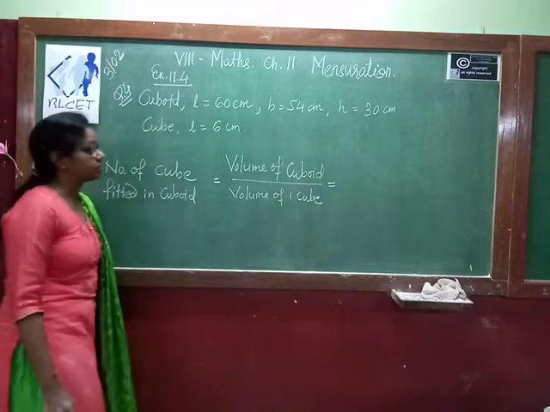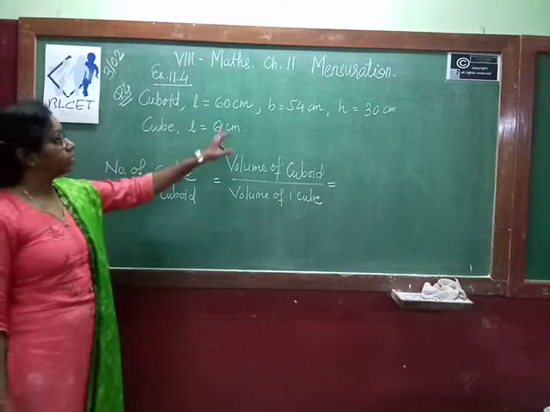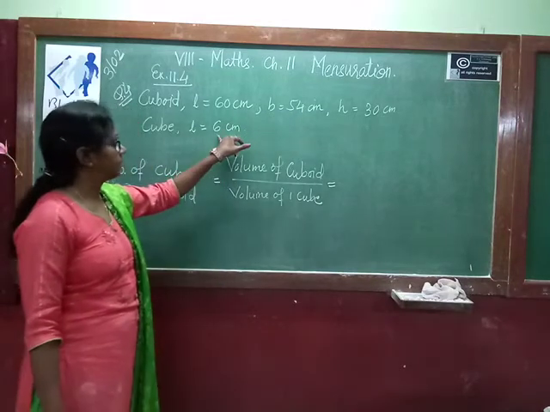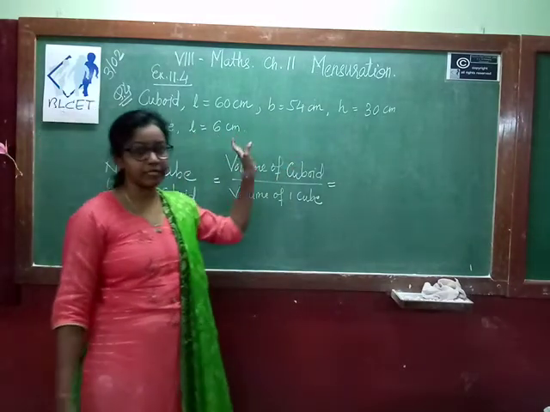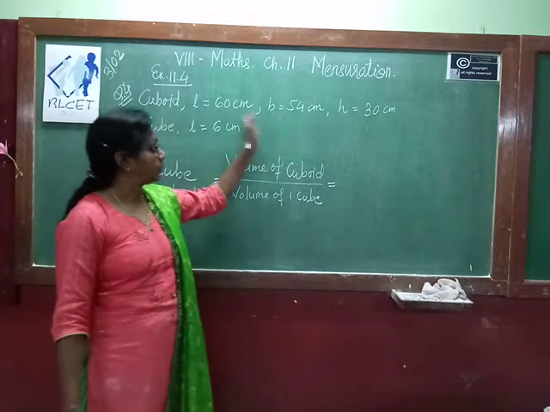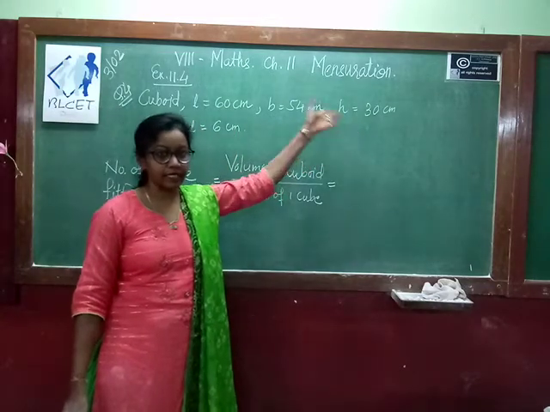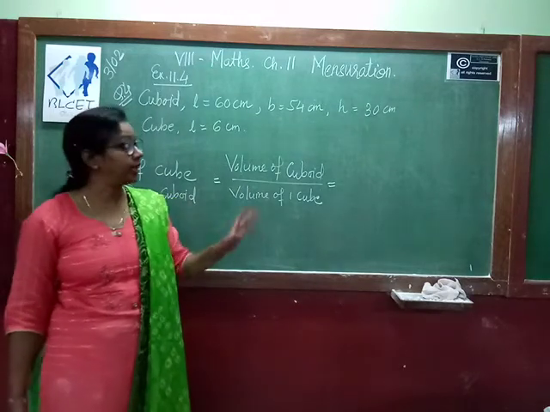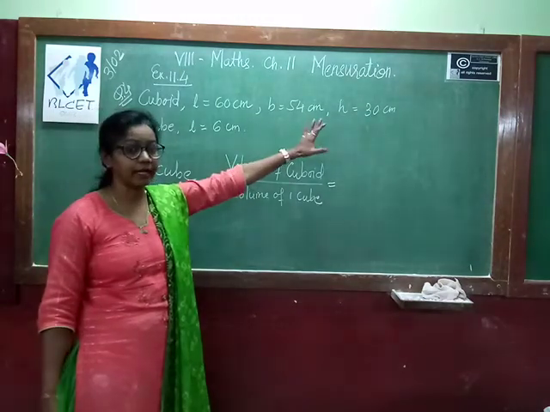Why do we do this? Directly we know that 60 is divisible by 6, 54 is also divisible by 6, and 30 is also divisible by 6. By doing multiplication of all these terms and then again dividing by 6, it is a little bit difficult. So better we keep the volume multiplication as it is.